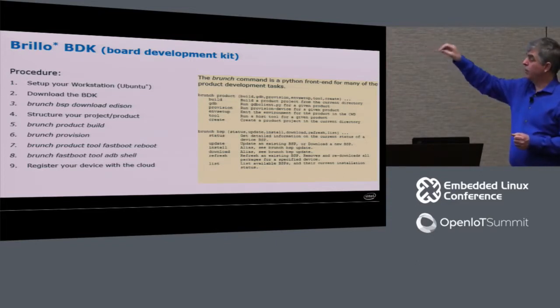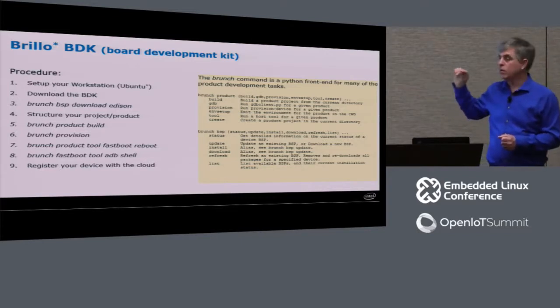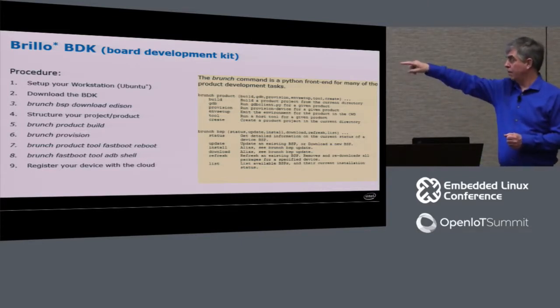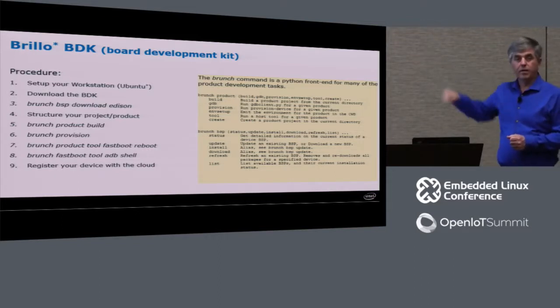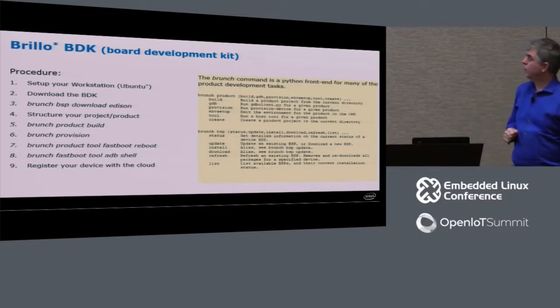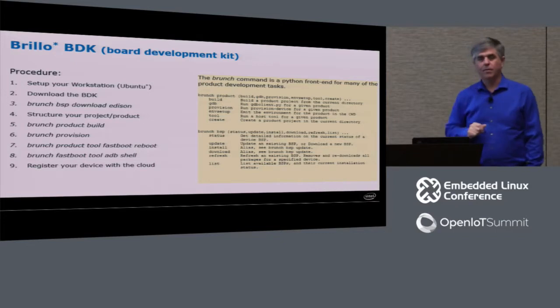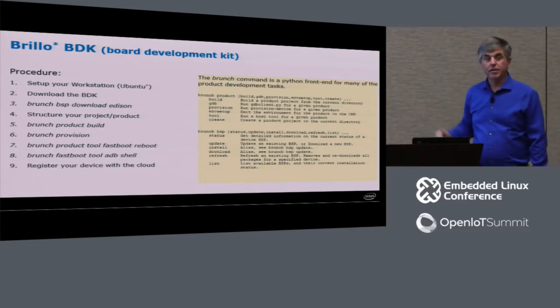And you could create your project. You can add additional commands to it. It will provide kind of a command proxy to get to fastboot and to ADB and other commands that you might want to do with your device. It's handy. Brunch really is useful. The thing that you use most with it is the download command to get new copies of that vendor BSP directory.